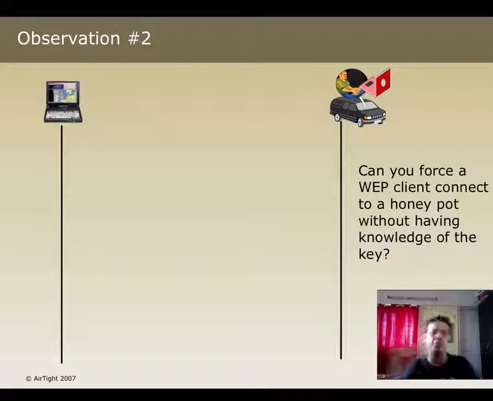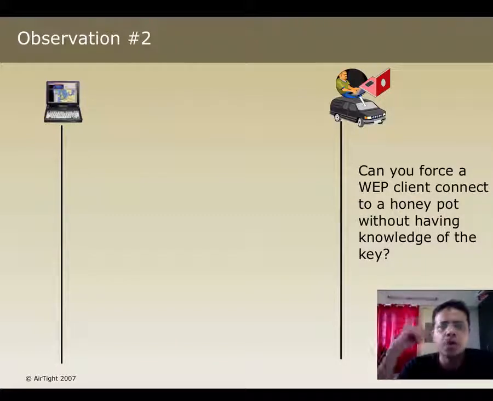Now, if you remember when we talked about the hotspot attacks, a lot of people asked questions. Well, you created an open access point and an open AP was configured on the clients, and hence the client was able to connect back to you, right?